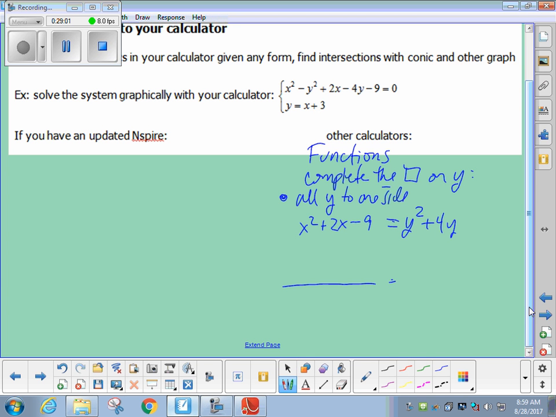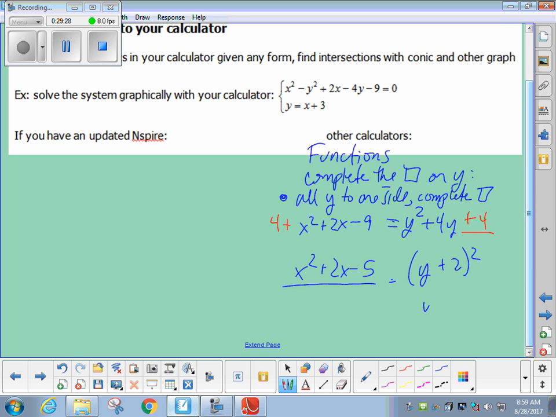If you complete the square, what shall you put here? 4. In order to balance, you'll put a 4. Now then, complete the square. Okay, so at that point, the left becomes y plus 2 squared, and the right is x squared plus 2x minus 5.